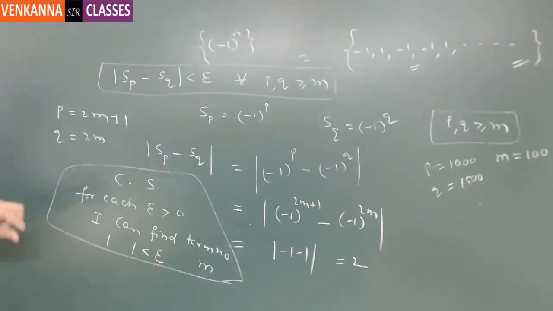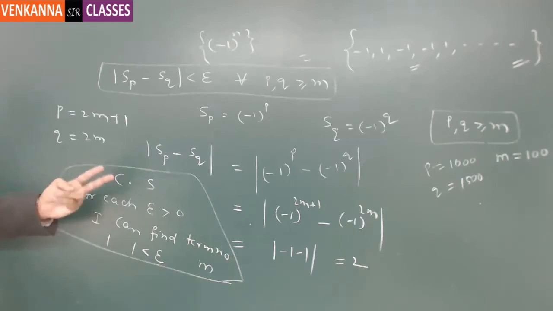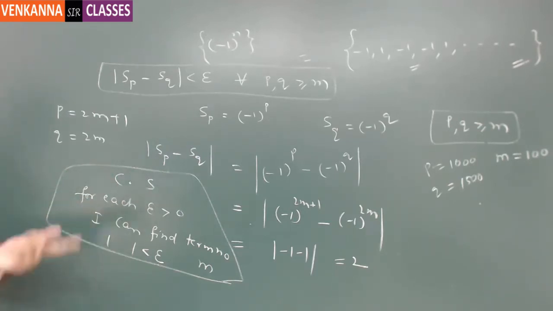If it is not a Cauchy sequence, it means that if I can find two term values for a given epsilon such that the difference is greater than epsilon, it is not a Cauchy sequence. You pick up this term, you pick up this term, you calculate the difference of the function values, it is greater than epsilon, so it is not a Cauchy sequence.